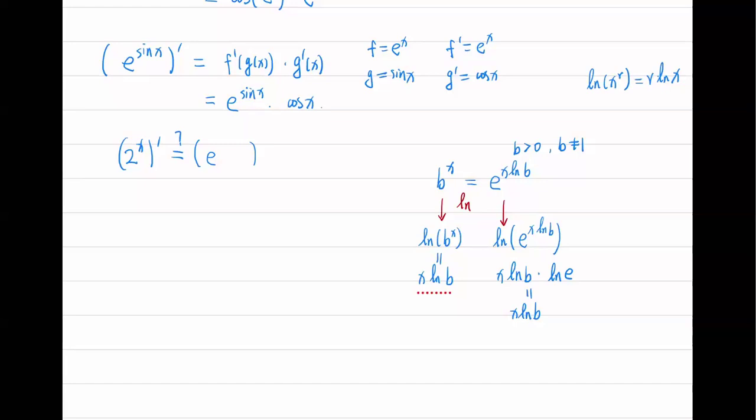Now it's going to be e to the power of x times the natural log of 2. Yes. Now you can see it's the composition of e with this.